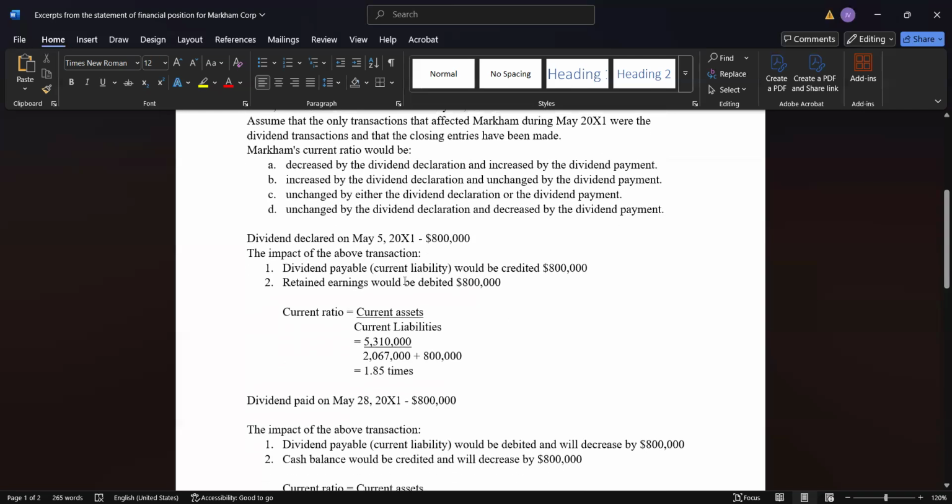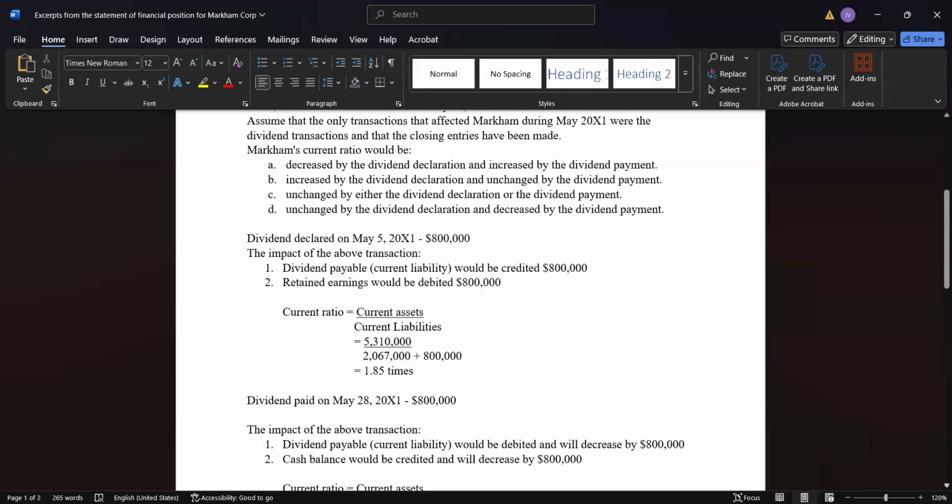The current liability, dividend payable, whatever was credited will now have to be debited and current liabilities will decrease by 800,000. Since the payment was made, the cash balance also will be reduced. It will decrease by 800,000. So the cash balance would be credited and will decrease by 800,000.